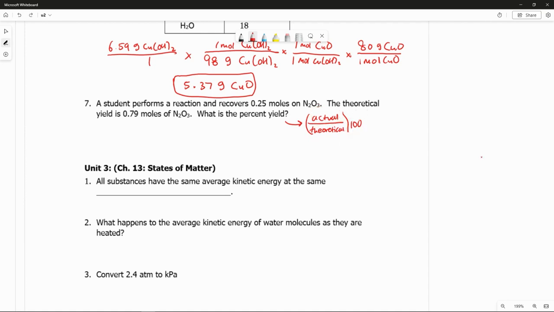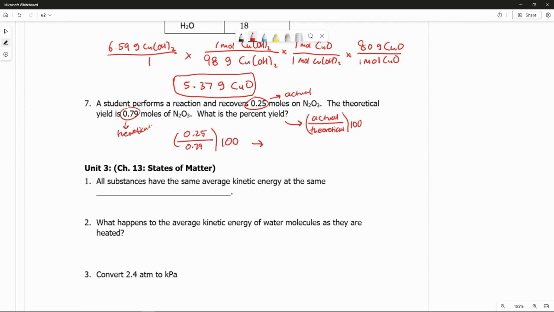All right, so it gives us the theoretical yield, and we only got 0.25 of it. So we know that this is the actual, and this is the theoretical. And so all we have to do is plug it in. 0.25 as actual, theoretical is 0.79, times 100.